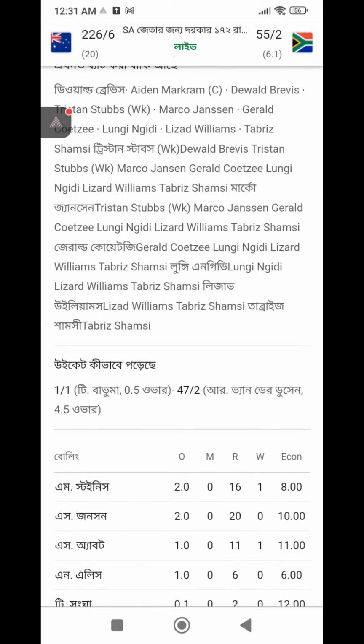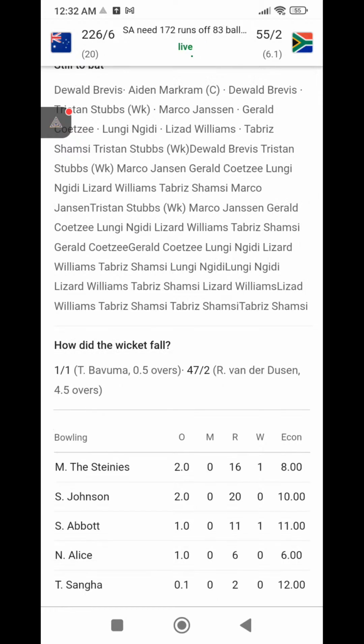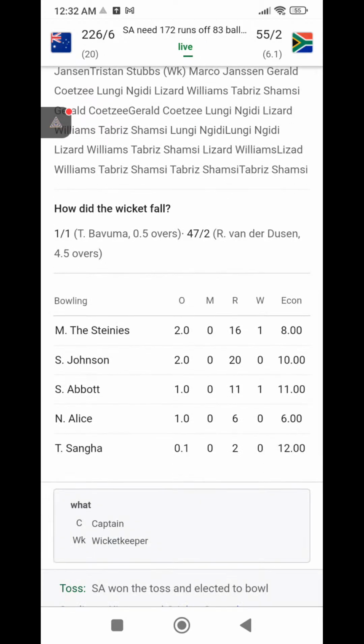Stoinis 2 overs, no maiden, 16 runs, 1 wicket. Johnson 2 overs, no maiden, 20 runs, no wicket. Shaheen about 1 over, no maiden, 11 runs, 1 wicket. 11 is the economy.